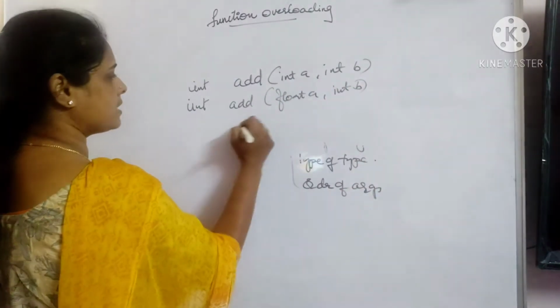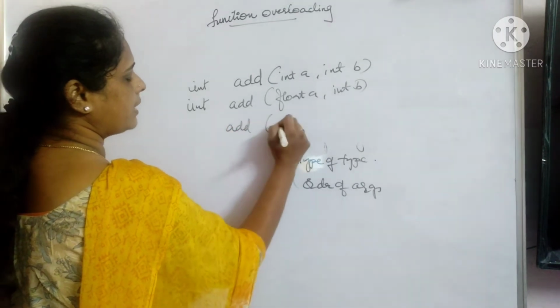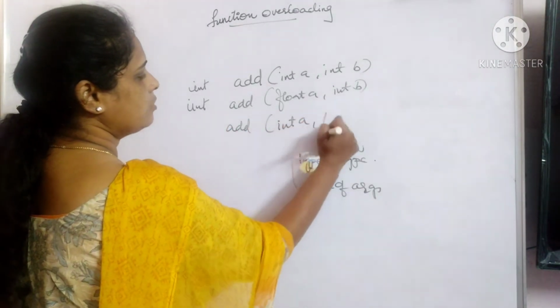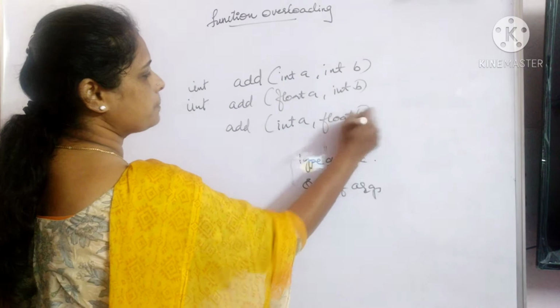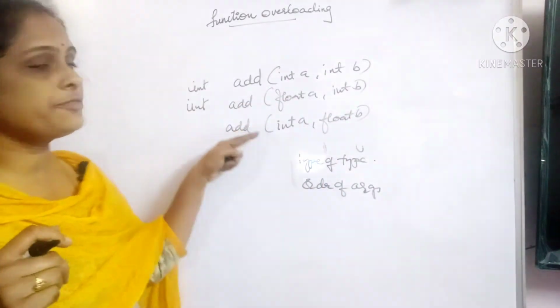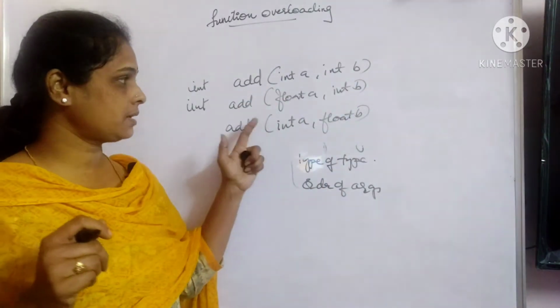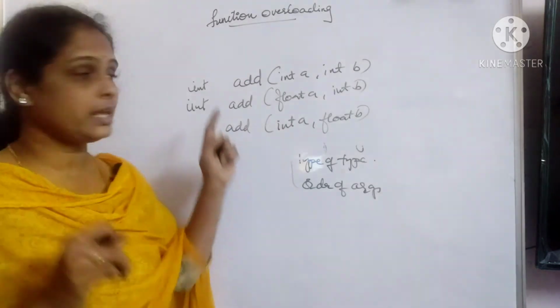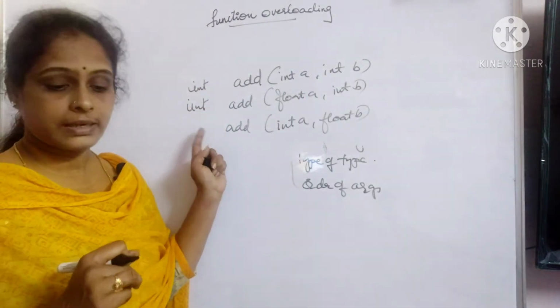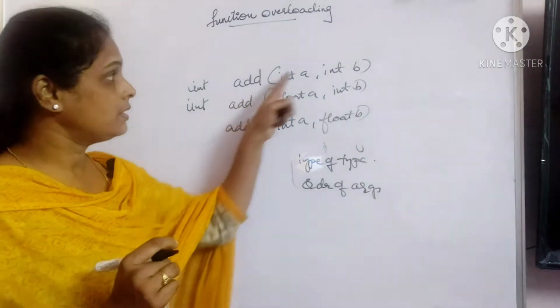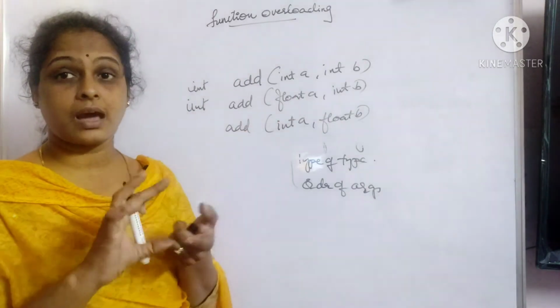In some other case I may give add int a comma float b. All these are different signatures here. The name of the function is the same, but the arguments I have taken are different.